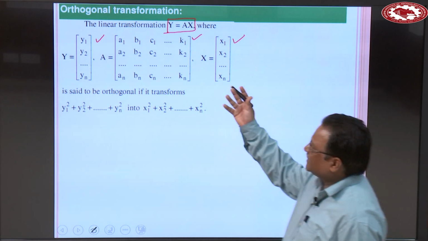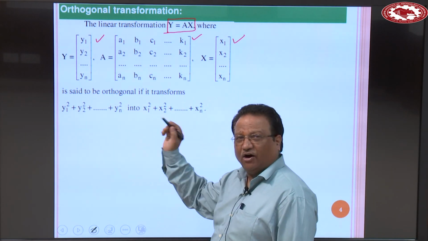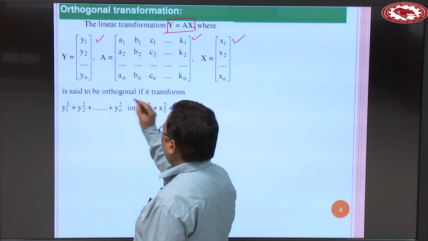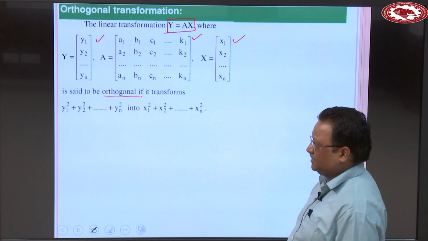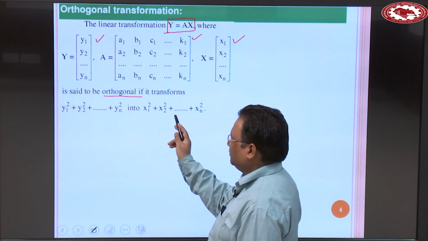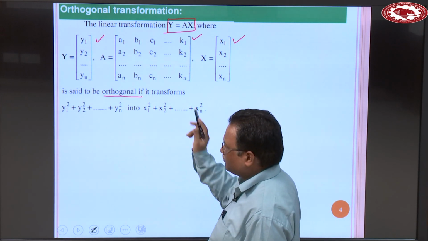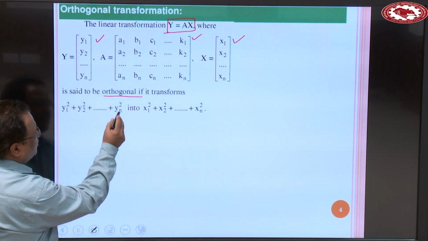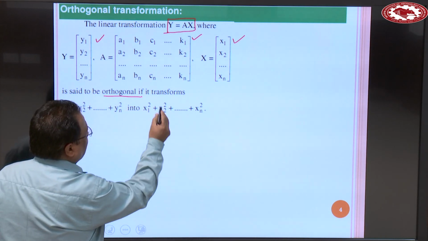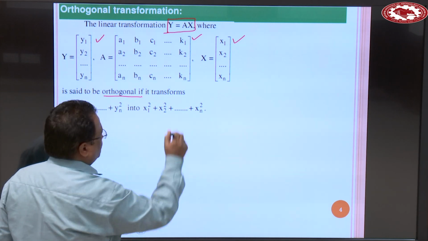This linear transformation is said to be orthogonal if it transforms y1 square plus y2 square plus and so on plus yn square into x1 square plus x2 square plus and so on plus xn square.